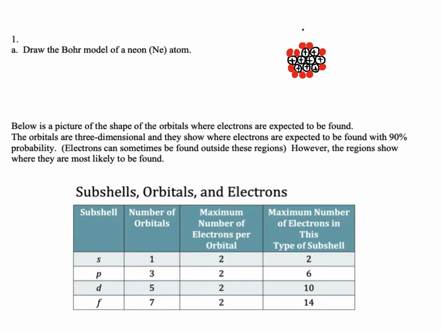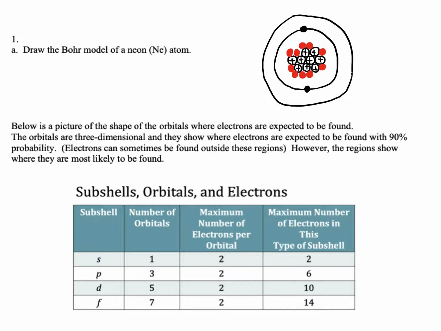In the past I had said that 2 electrons could go inside a first shell here. And the black dots represent the electrons. And after that, I had said that we would have to make another energy level shell, where this one's called n equals 2. The first one was n equals 1.